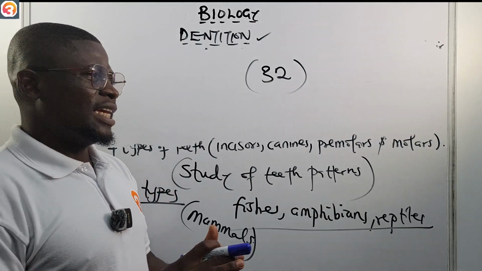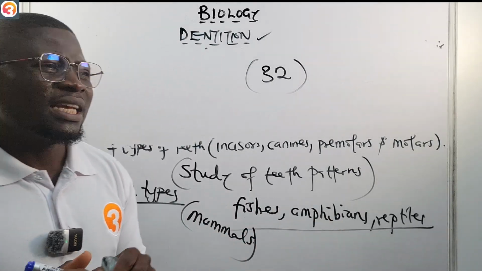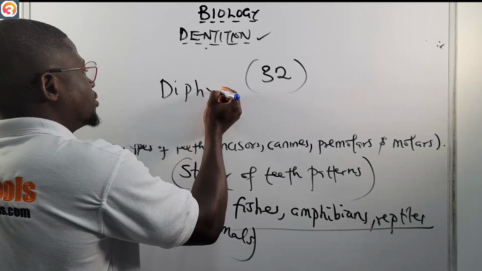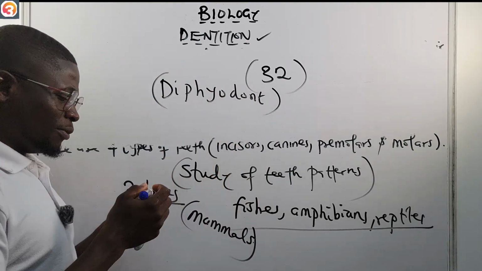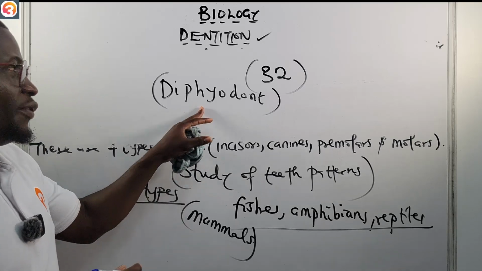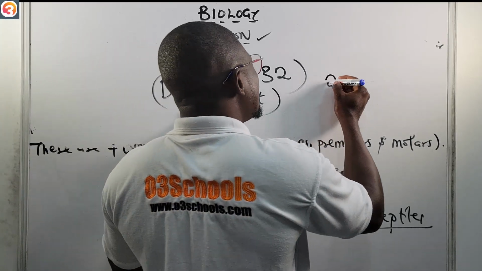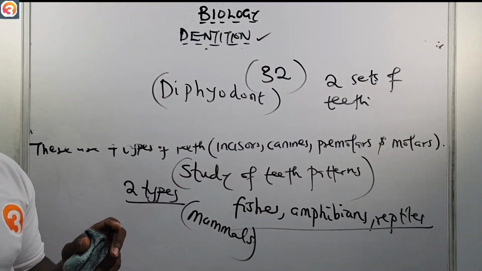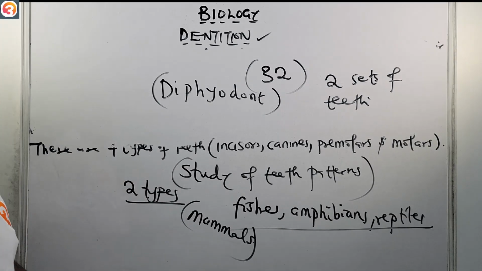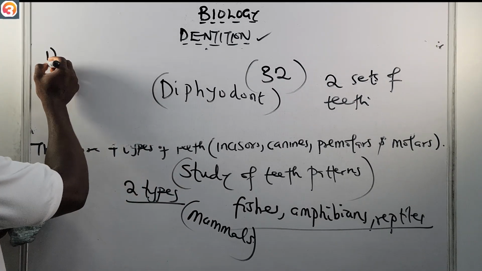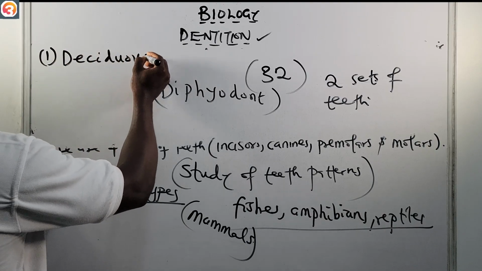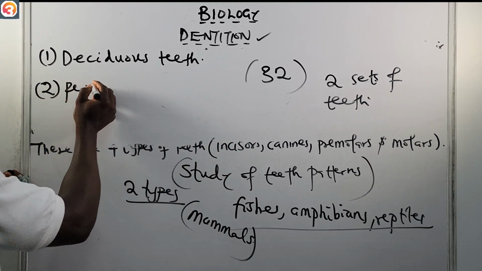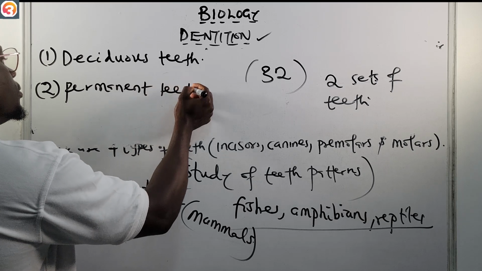You are correct. It is very important to know that humans and other mammals are what we call diphyodonts. Diphyodont means that they have two sets of teeth. Humans have two sets of teeth: the first is the deciduous teeth, and the second is the permanent teeth.